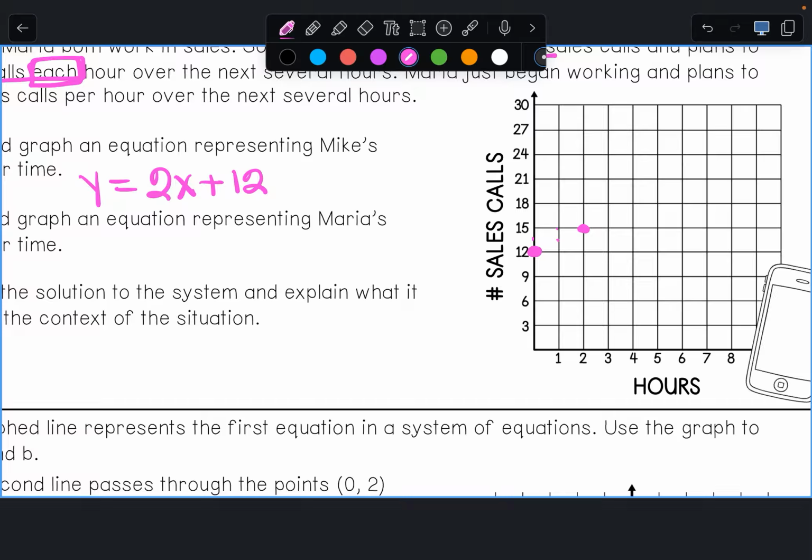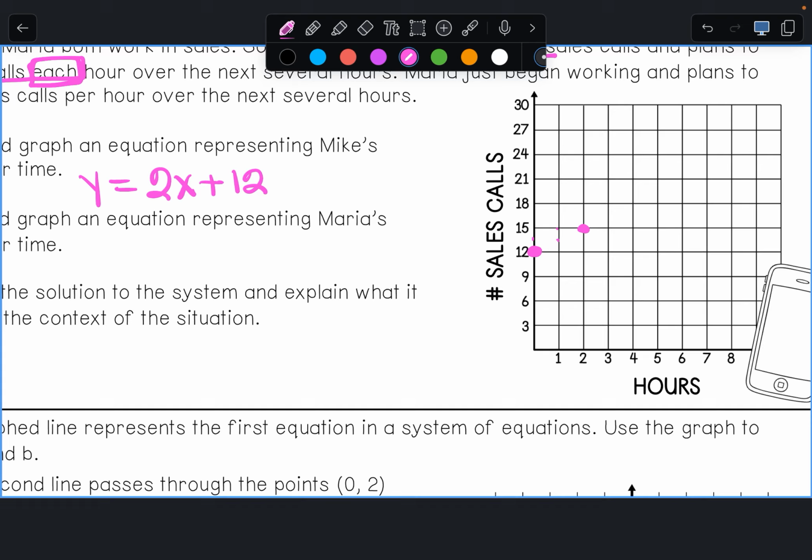Or you can do this. You can type that equation, y equals 2x plus 12, into the calculator so you can find other points. Then press second graph to find other points that actually fall on this. So we got 2x plus 12.